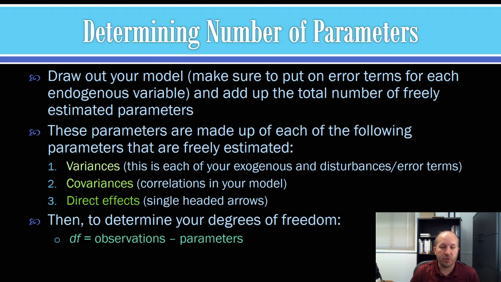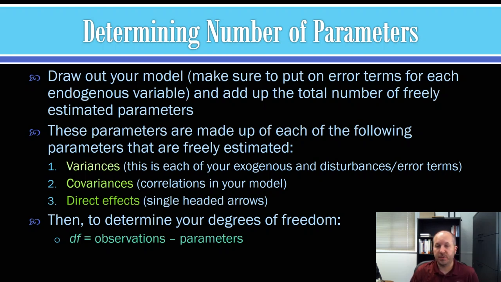So you count up the total number of variances first, and the number of variances is counting up your exogenous variables and then each of your disturbances or error terms. Then you total up your covariances. That's going to be your double-headed curved line, so your correlations in your model. And then you add up your total number of directs. So that's all your single-headed arrows. So you count those up, add them together, and that is your total number of parameters.